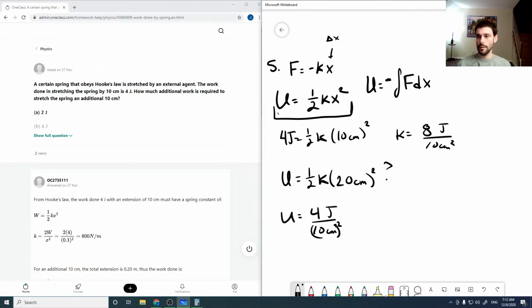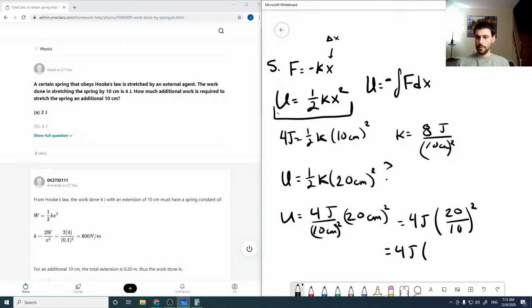I shouldn't have taken those out. So this is doing it quite simply without running anything through a calculator yet. And so then this is 4 joules times 20 over 10 squared, which is 4 joules times 2 squared. Right, because 20 over 10 is just 2.